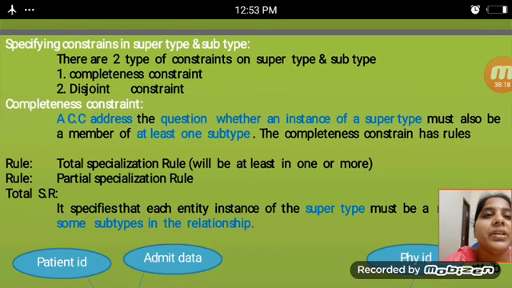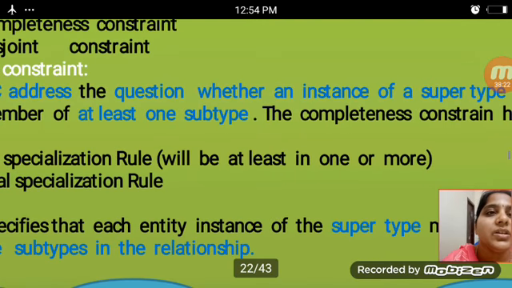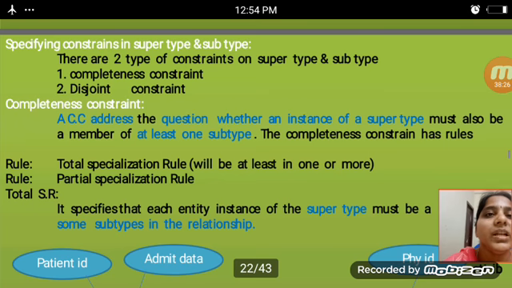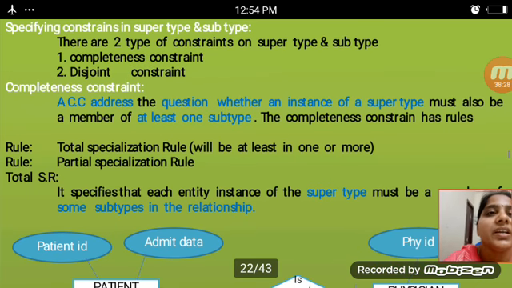Specialization has constraints on supertypes and subtypes. There are two types of constraints on supertypes and subtypes. The first one is the completeness constraint and the second one is the disjointness constraint.